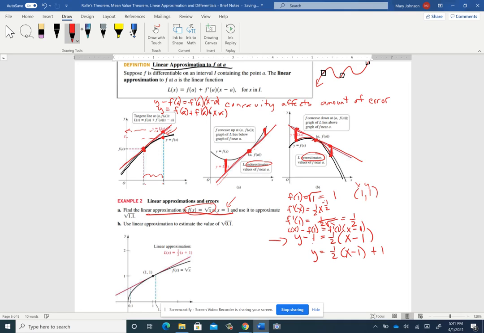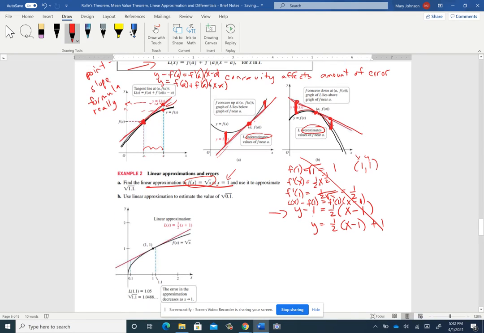It's just the point slope formula, really camouflaged. Okay, so that's just looking for the tangent line to the curve at a particular spot.